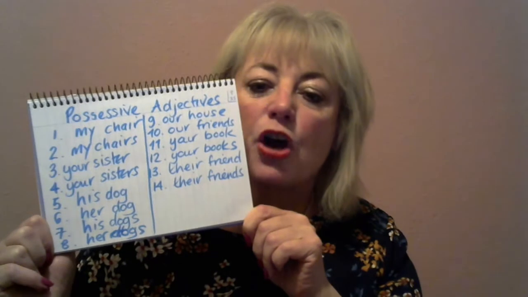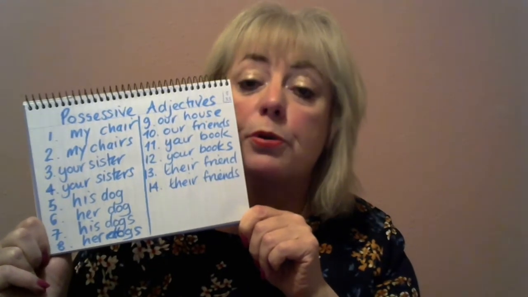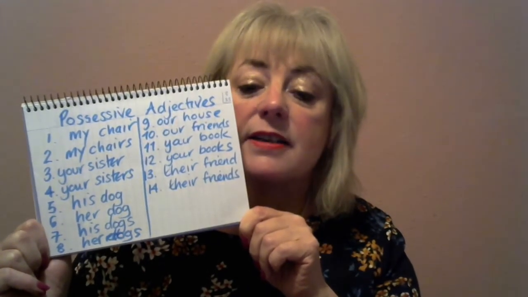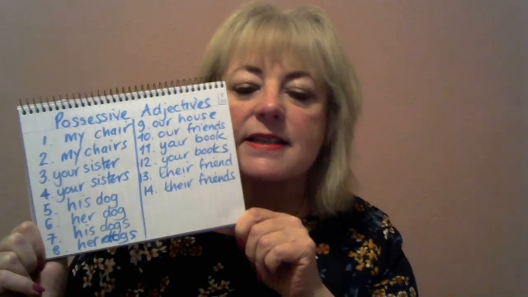Our house, our friends, your book, your books, their friend, their friends. They're the things you've got to translate. So let's see how you do. I'm going to go on to the Spanish now.